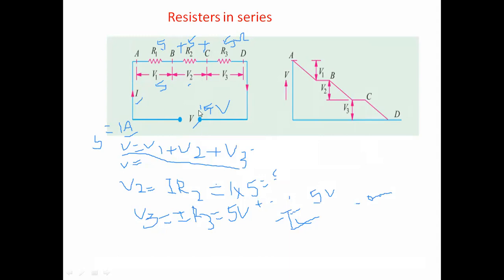That current depends upon the applied voltage. The current depends upon how much potential difference you apply. Based upon that, the current will be generated. So the voltage is the source and the current is the effect. I follows V; V does not follow I.